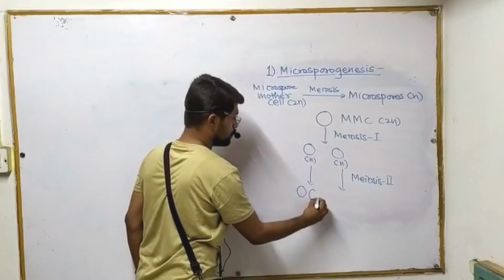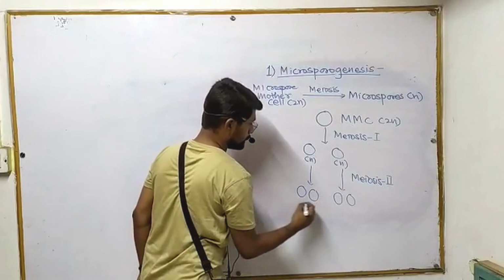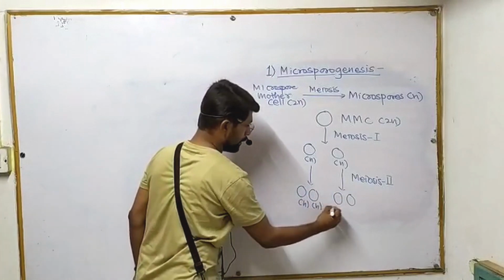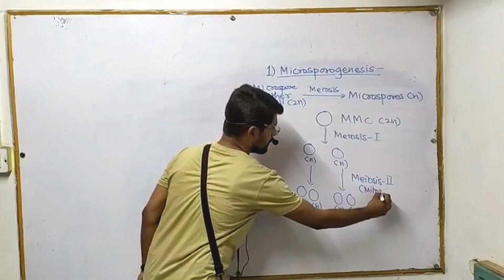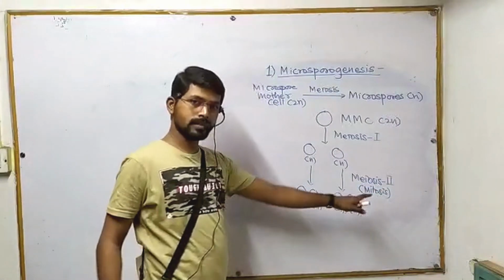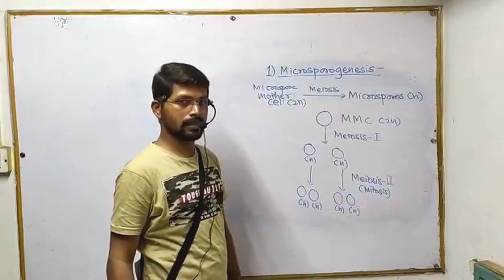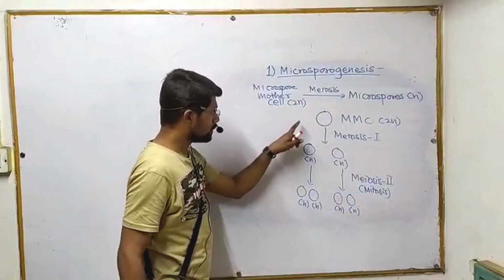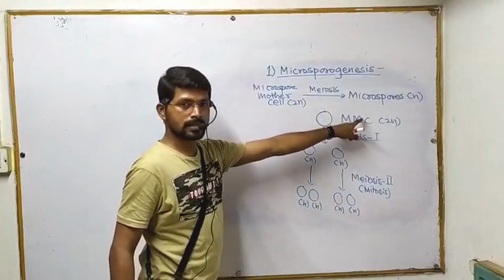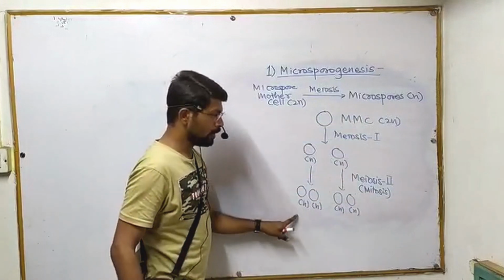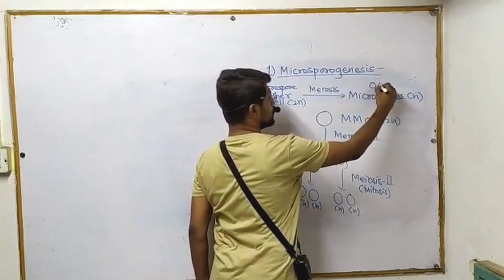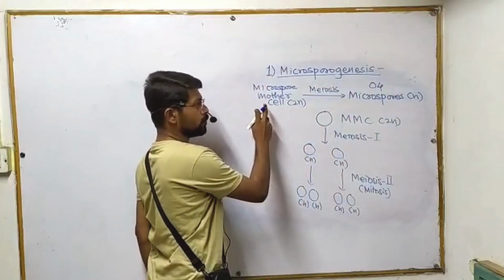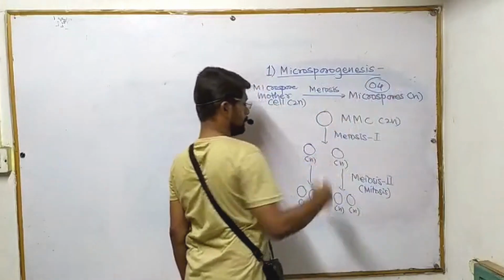Each will produce two cells. And all the cells are haploid because meiosis 2 is exactly similar to mitosis. You have studied this concept in cell division and cell cycle in last year's syllabus. So in this way, a single microspore mother cell will divide by meiosis to produce 4 haploid microspores. So the number of microspores produced from a single microspore mother cell is 4.